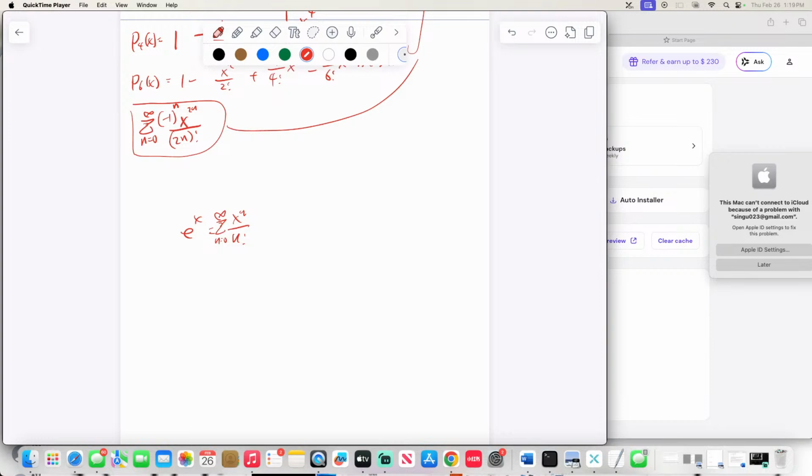We already know the cosine of x is summation of negative 1 to the n, x to the 2n over 2n factorial, right? And so what will be the series for sine of x and natural log of x? That's your homework. Natural log of x is the hardest one.